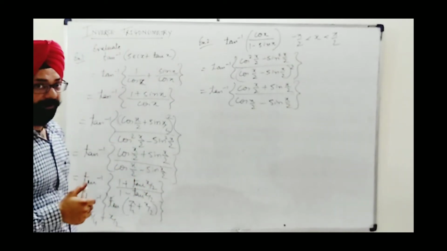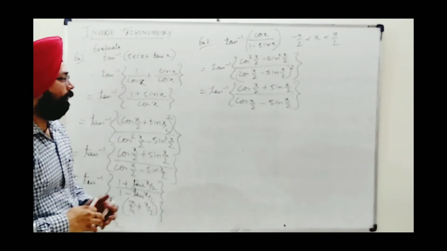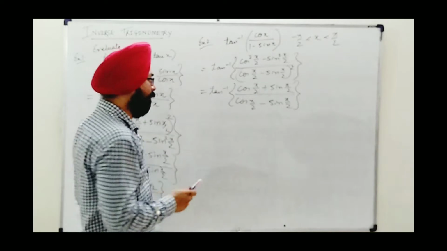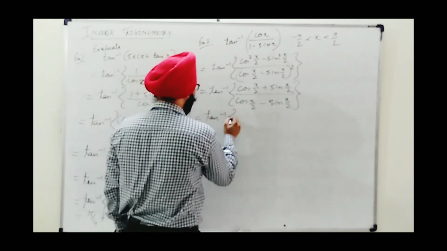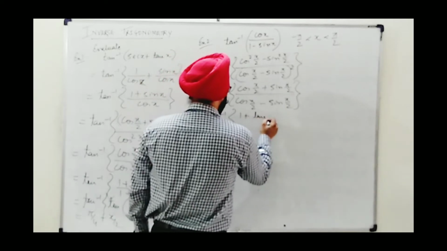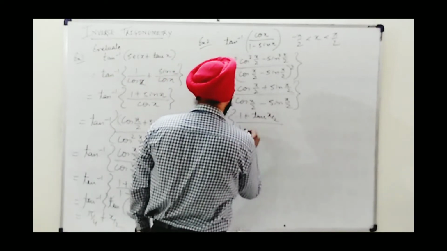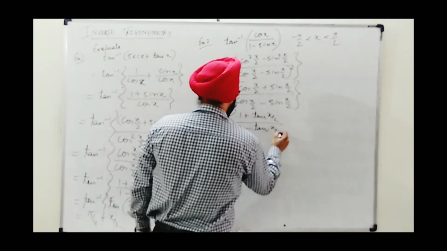Don't forget the condition, at last we have to take it. Now after this expression, we divide numerator and denominator by cos x by 2 and we find tan inverse of 1 plus tan x by 2 upon 1 minus tan x by 2.